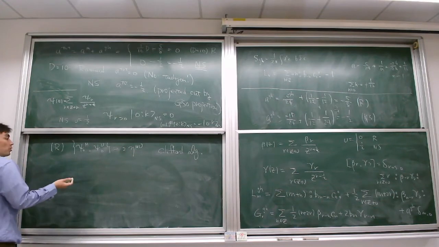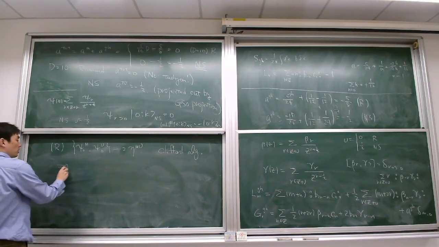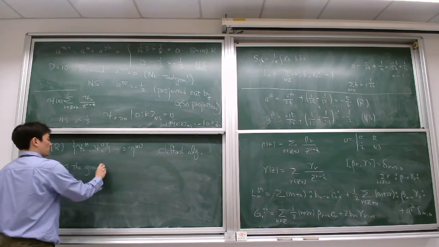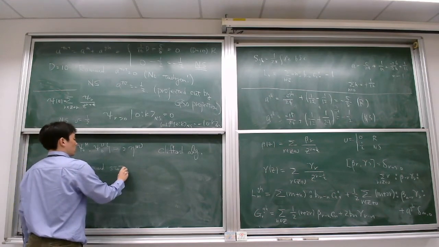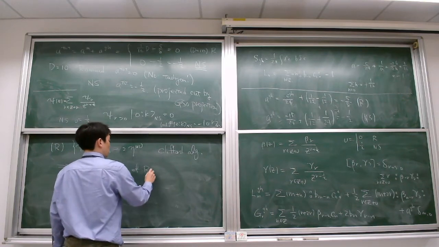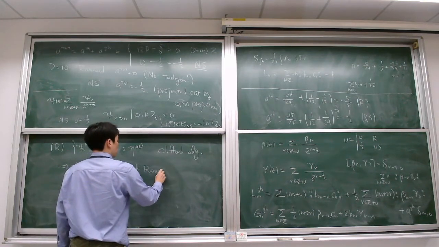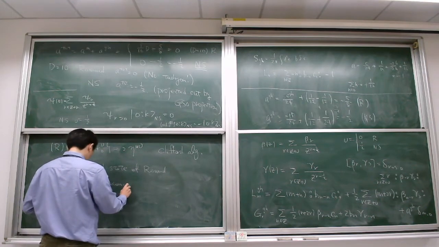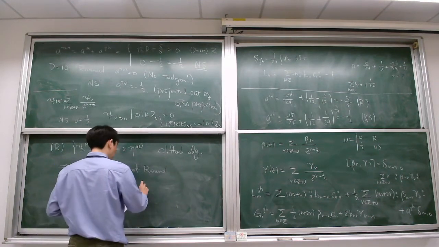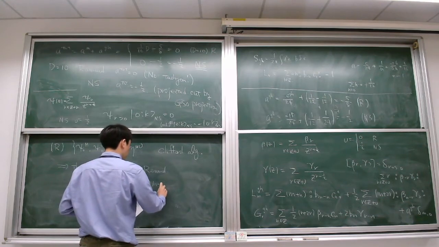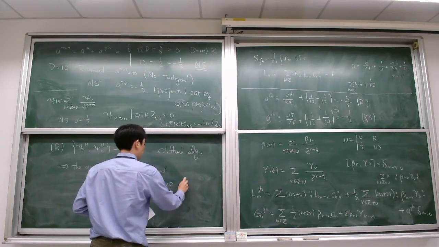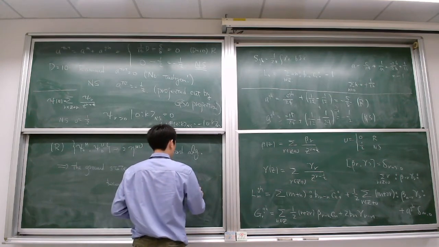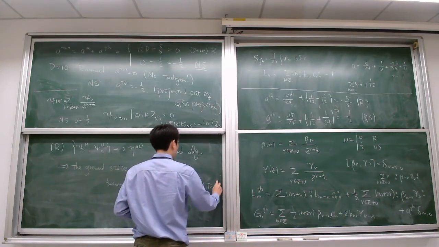Therefore there is no unique vacuum, and the ground state of Ramond becomes the so-called spin representation of the spinor group of SO(1, D minus 1).